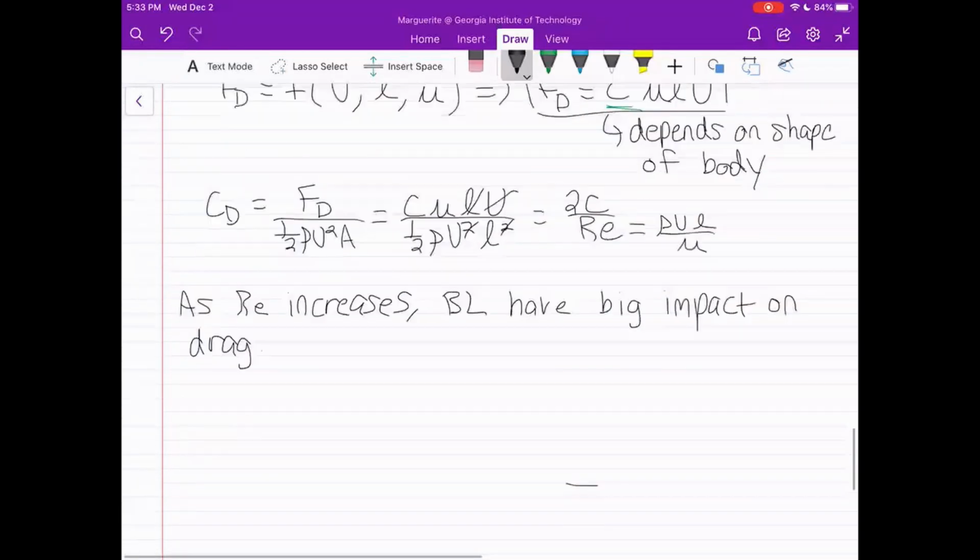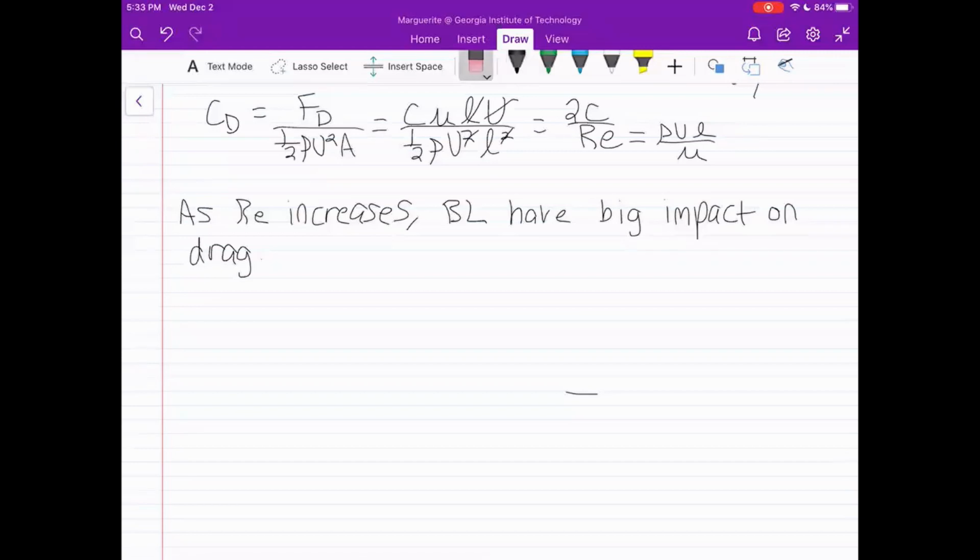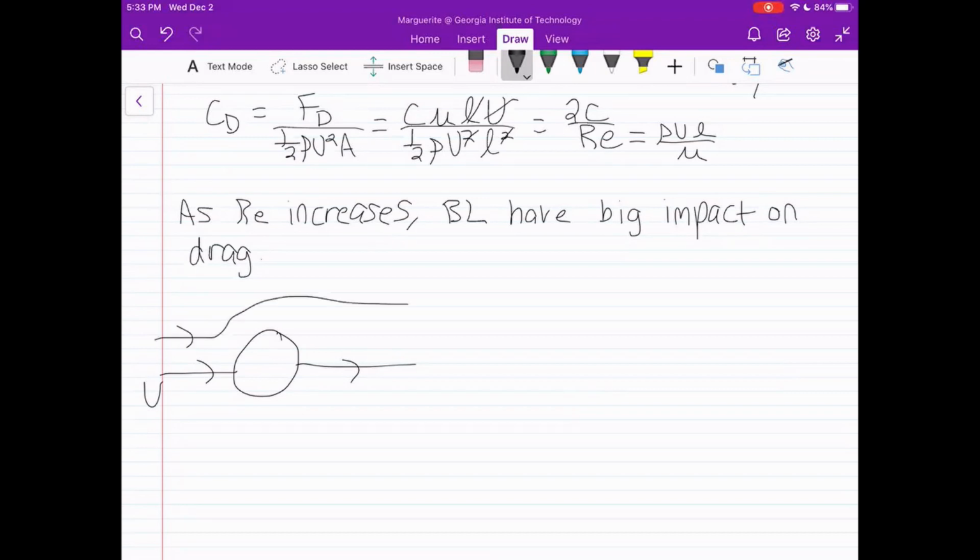So I'm going to bring back our good old friend, the circular cylinder. And again, I'm going to draw what this looks like in a high Reynolds number flow. We know from what we talked about on Monday that we're going to have a very thin boundary layer. It's going to look like this. This is our boundary layer, which, I think I forgot to say, I often write BL for boundary layer just to save my hand a little bit.